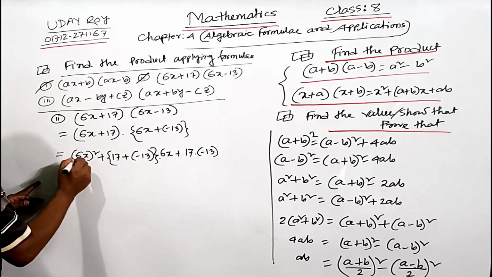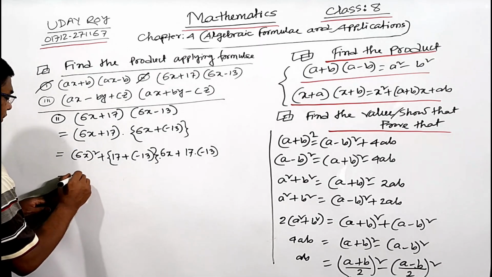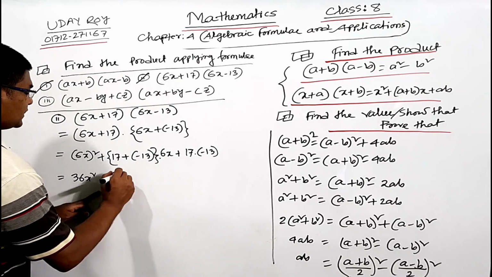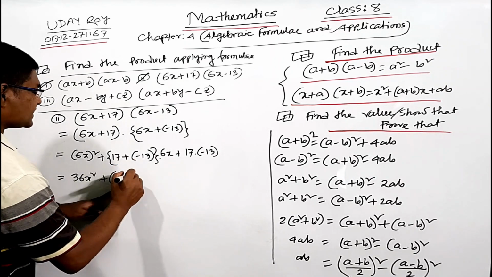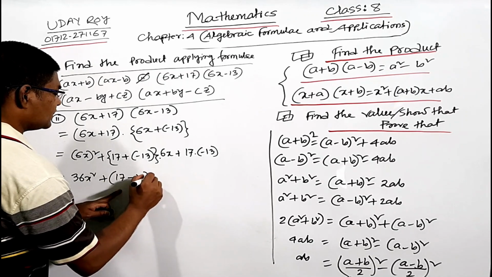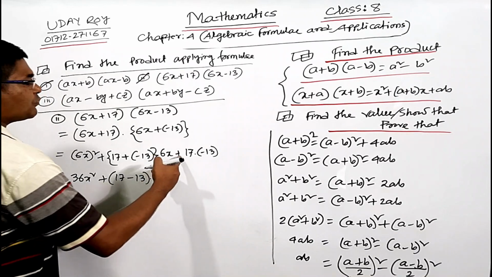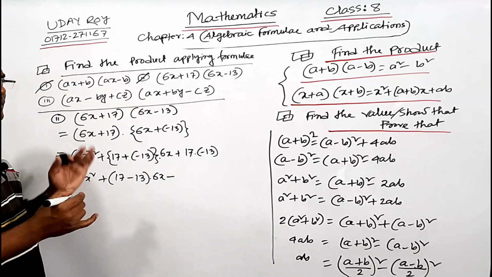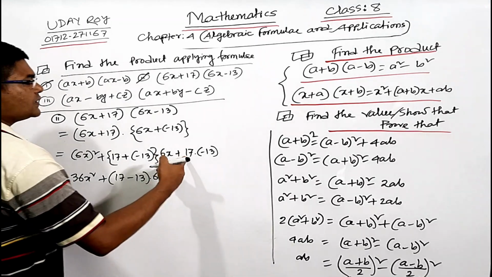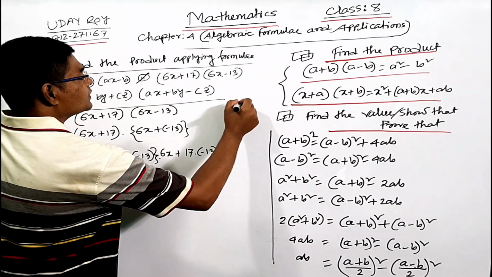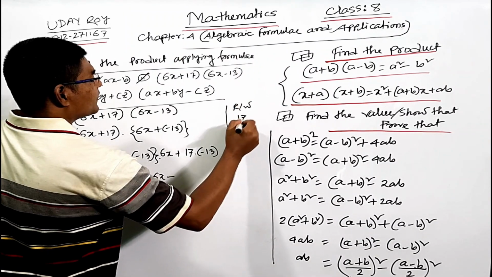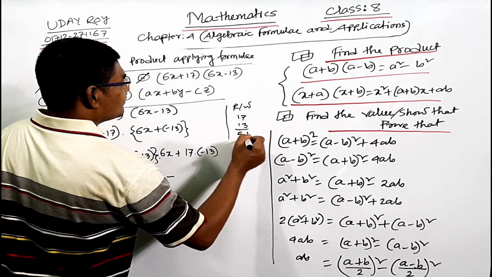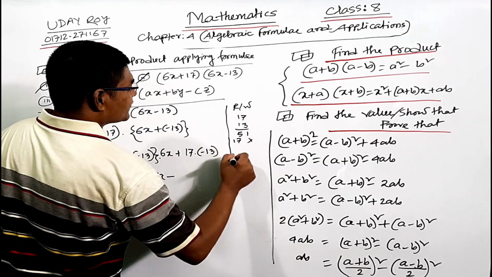So you can see 6x whole square equal to 36 x square. Now here plus 17 minus 13 into 6x, and plus into minus 17 into 13. You can use a small calculator here. So 17 into 13, use rough work. 3 into 17, 51, and here is 17.